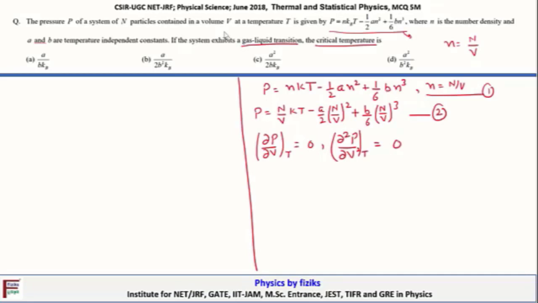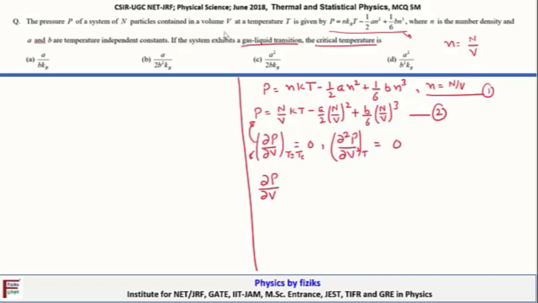So that's what we are going to do here. The first differential, dP/dV at constant T, will give us the critical temperature. So we are going to apply this definition on equation 2. Let's see what we obtain.